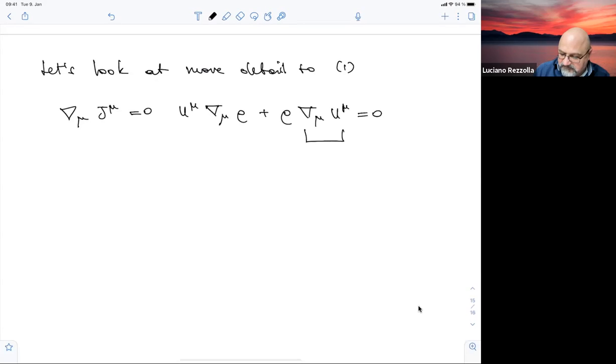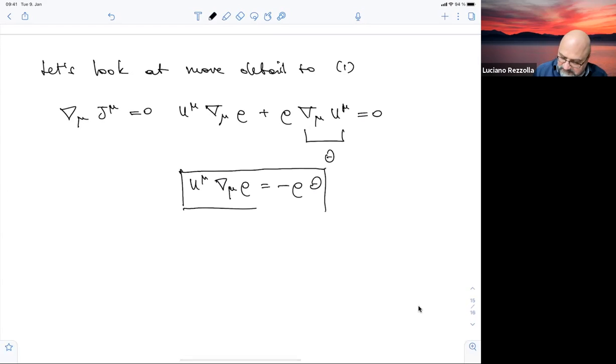But this is also the expansion. So this is equal to saying that u^μ ∇_μ ρ = -ρθ. So this is a different way of looking at the continuity equation. This is also called the continuity equation.